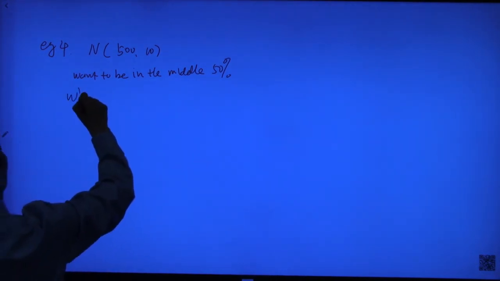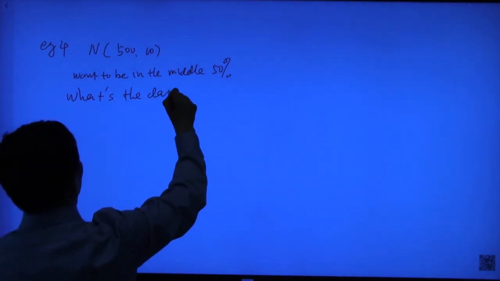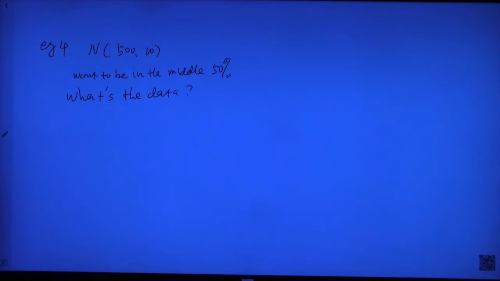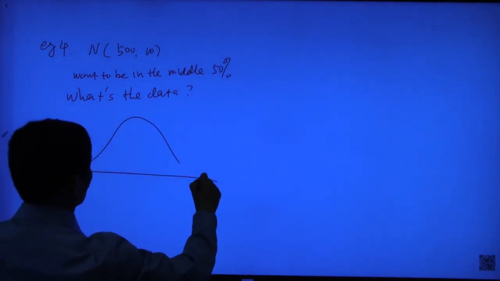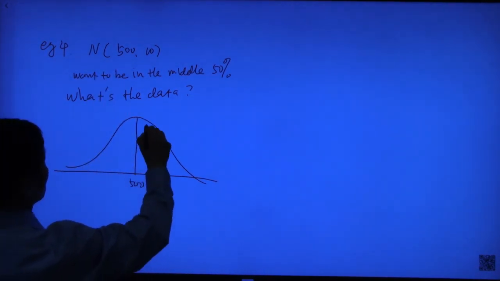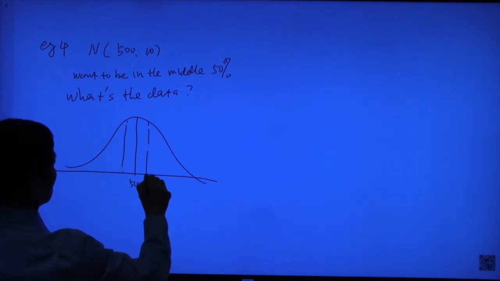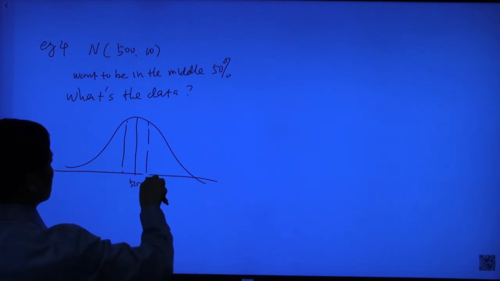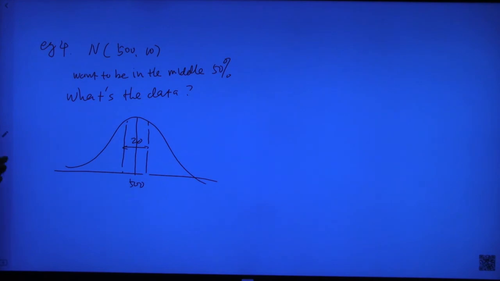Then what is the data? The question is like this: we have a normal distribution, and the mean equals 500. The standard deviation equals 10, so from negative 10 to positive 10 gives us 20.